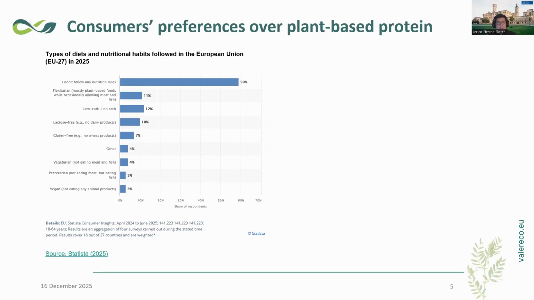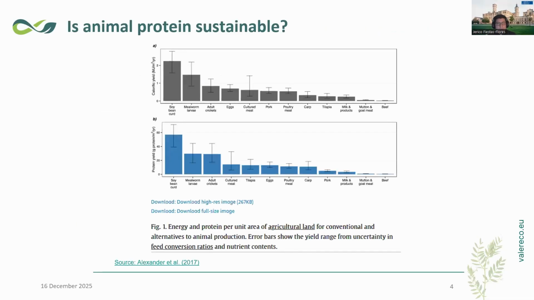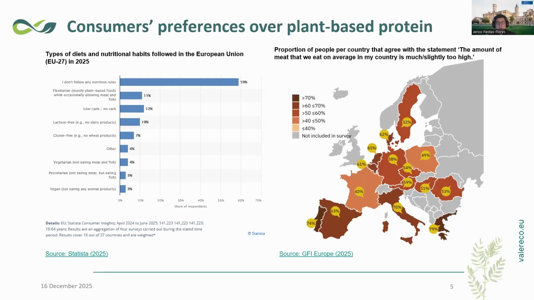However, we also have to consider that people without dietary restrictions are also interested in reducing meat consumption, which is shown by the Good Food Institute in Europe, also in a recent survey this year. Most of the participants think they are consuming too much meat.